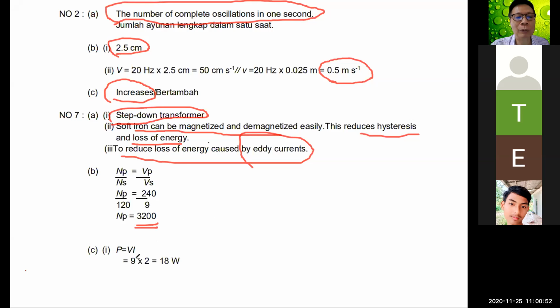And the last one, find the power. Use the formula P equals VI: voltage multiplied by current.